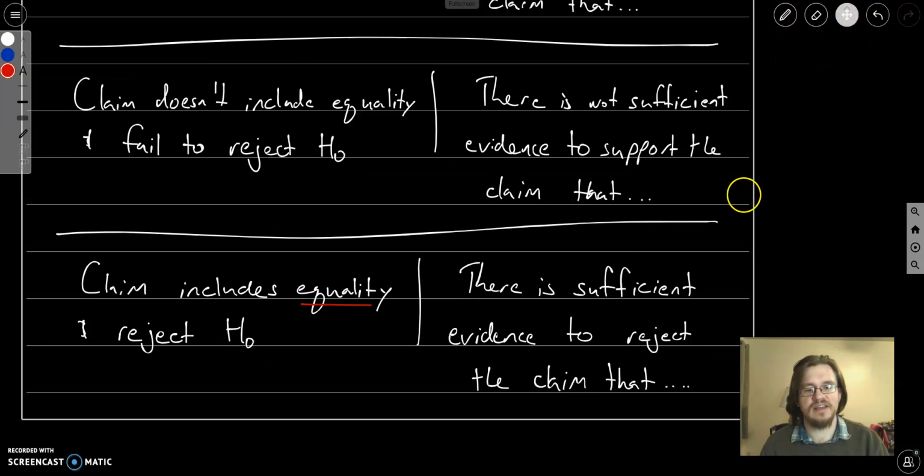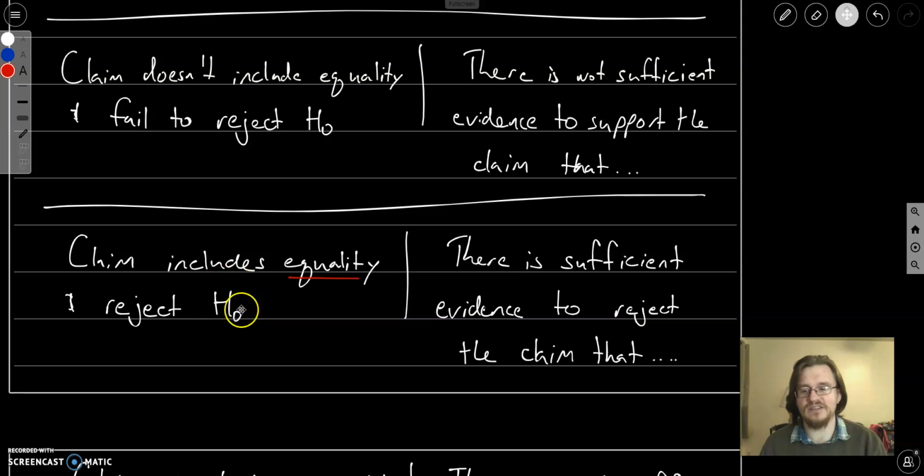So in this case, if our claim was that H0 is true, and we reject it, well, then we can just say that there is sufficient evidence to reject our claim. And that's it. So if we're claiming that H0, the null hypothesis, is true, but we reject it, we just say so: there is sufficient evidence to reject the claim that, and then you explain, to reject our claim.